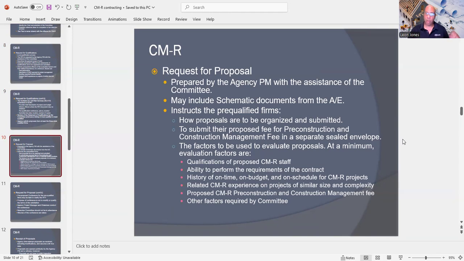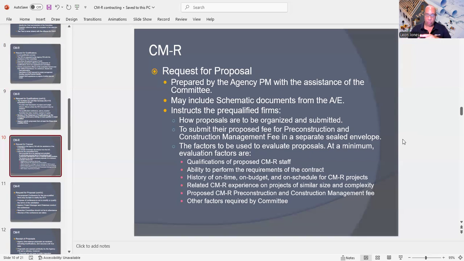The RFP, which is the request for proposal, is going to instruct the pre-qualified firms how the proposals that they're going to be writing, with their proposed fee for pre-construction and construction management fee. It's going to tell you where it's going to be. It's going to be in a separate envelope. It's also going to tell you how the proposals are to be organized and submitted.